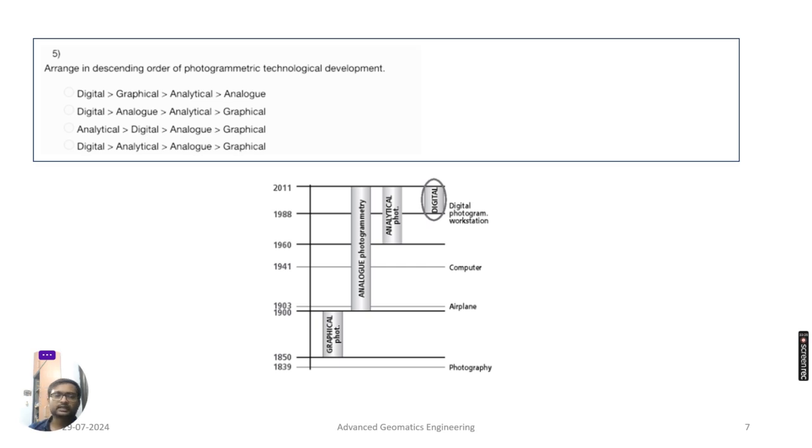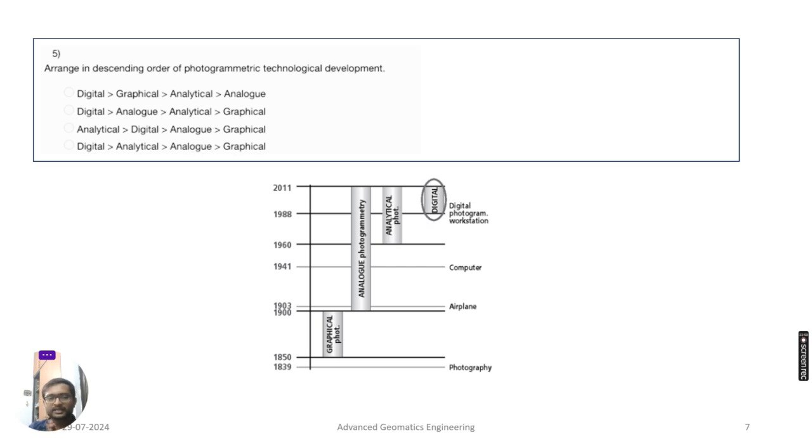So can anyone tell me, option C or D? Okay. So firstly, it starts with graphical photographs. We use our notebook and pen, and we sketch whatever is there. Then the analog time, where we use photographic films, and using chemicals we develop the photo on that film.